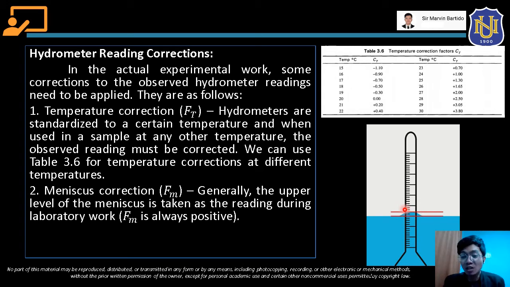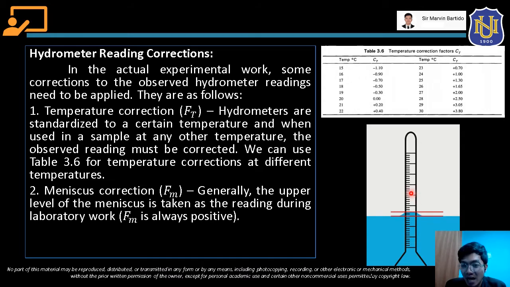Yung nakikita natin kapag mag-e-experiment tayo, yung reading na makikita natin is in the upper meniscus. Kaya lang class, yung true reading is yung nasa lower meniscus. Kung yan yung true reading, pero yung nakikita nga natin is itong nasa upper meniscus, kailangan natin maglagay ng correction or mag-apply ng correction. Take note class, habang papababa yung reading natin dito, papataas yung value ng reading natin.